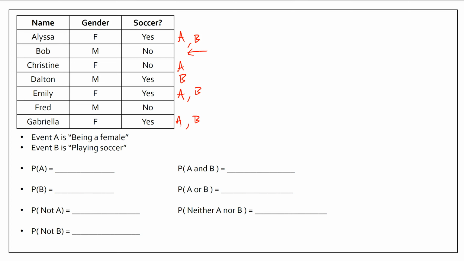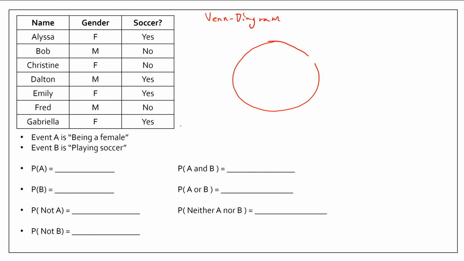So we have a couple of different things going on here. We have somebody who's in no events. We have some people who are in one event. And we need a way of organizing all of this data. The best possible way to organize it is a Venn diagram. Venn diagrams will be your best friends for this chapter. Hopefully you know how they work. In this circle is going to be all of the people that fit into event A, all of the females.